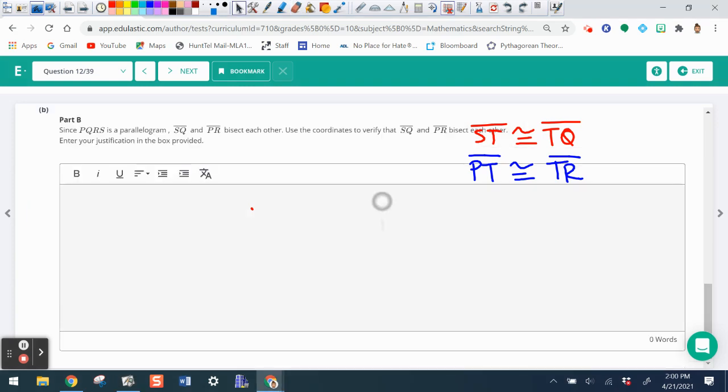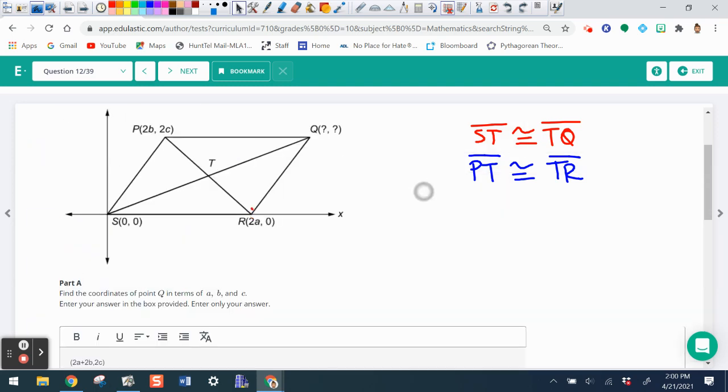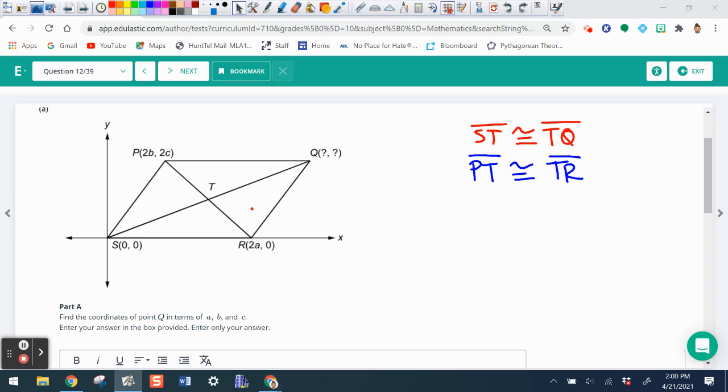So let's go back and look at the question. It says use the coordinates to verify that SQ and PR bisect each other. We can't just say they bisect each other because we know that they do. We need to show that they bisect each other. What I've shown over here is that ST and TQ are congruent, which means they're the same measure.